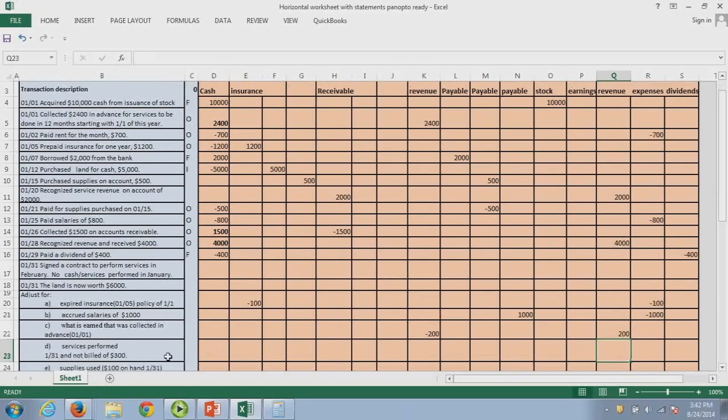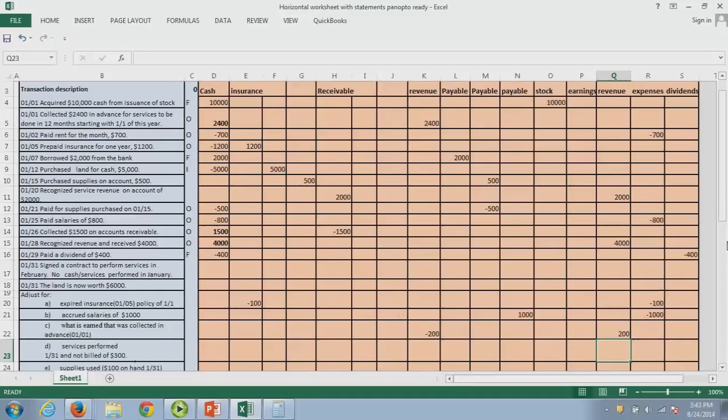Okay, and then services performed that have not been billed. So maybe you've done the work and the year ended and the next day the bills are going to be sent out, but you didn't get to them. This is your attempt when you do adjusting entries to pick up everything, every revenue earned, every expense incurred. So just because you haven't prepared the bills and mailed them out doesn't mean that we shouldn't recognize this. So this would be an example of an accrued revenue where we've done something that we need to get on the books.